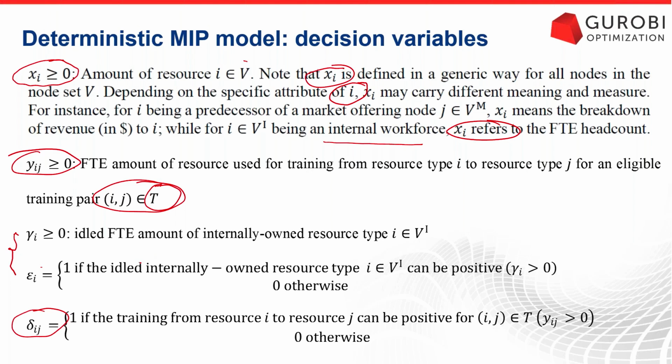And phi_ij indicates whether a cross-training happened between role i and role j. Now, these auxiliary binary decision variables are needed to model some rules the company may have concerning cross-training.